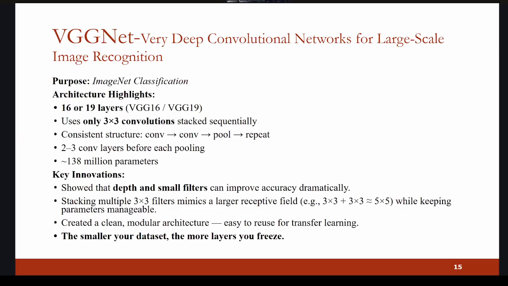But the model performed well for the image recognition task. So what they have inferred after introducing this architecture is that the more layers we add in depth, the more accuracy we get in the classification task.